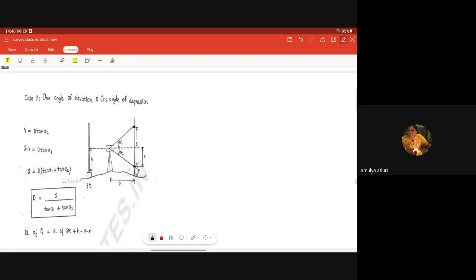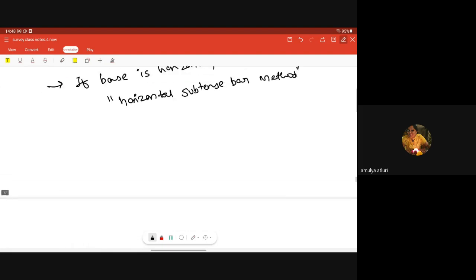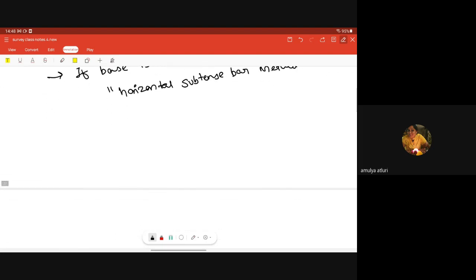Let's check into this horizontal subtense bar method. My base is horizontal, so let's keep the base horizontal.